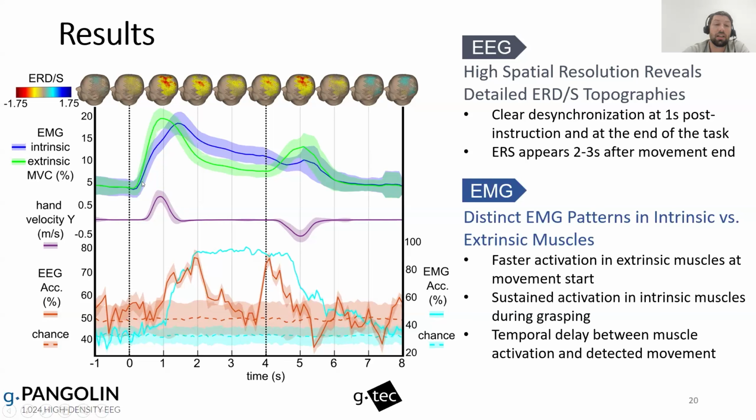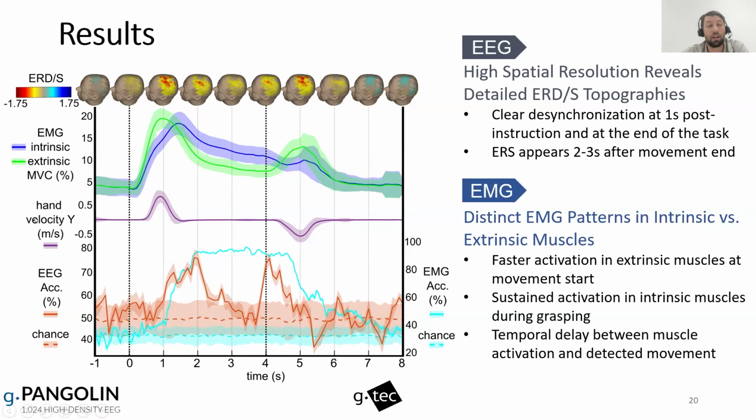So what we did to get the maximum voluntary contraction, we used a dynamometer and asked the participant to press as strong as they can. From that, we used the EMG activation to calculate the 100%, and of that we then calculated from the activation happening in the experiment the percentage here for the EMG activation.